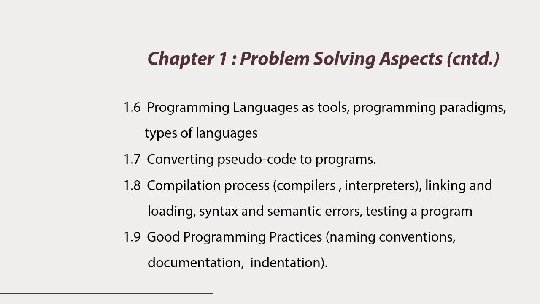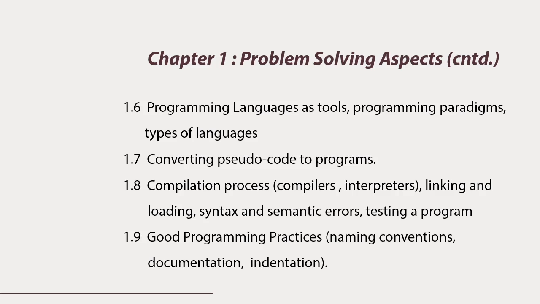In the next topic, we will see how programming languages can be used as a tool to solve a problem and what are the types of languages. We will see how the pseudocode can be converted into program instructions. After that, there will be compilation process in which we will see the complete process from program construction to program execution.